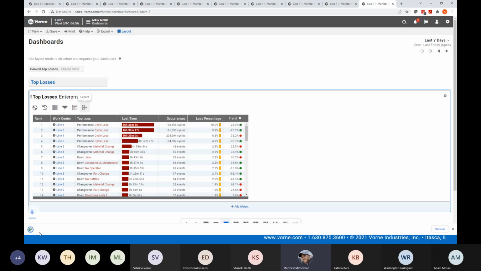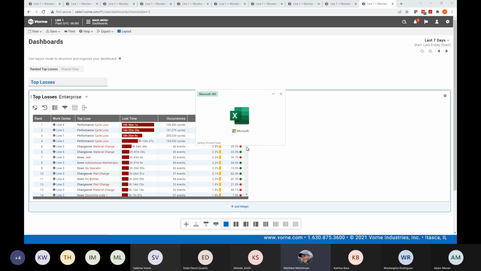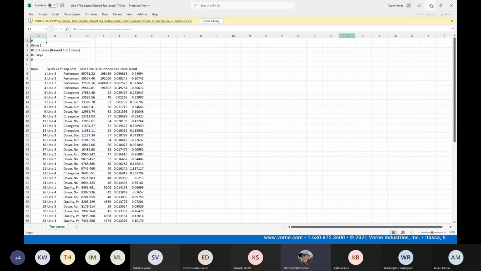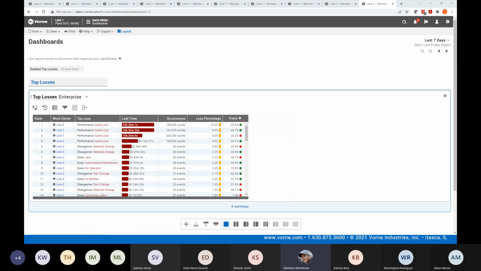Some of the dashboard reports that we create in tabular formats might be a very easy way for your team to export the raw data outside of the Vorne system and use it elsewhere, for example, to update your ERP system or MES system. So yes, the data is very easily exported into Microsoft Excel, and we can showcase that feature maybe in a follow-up call personally after.